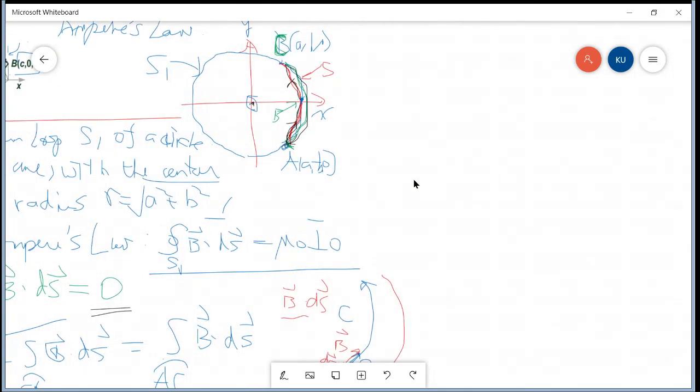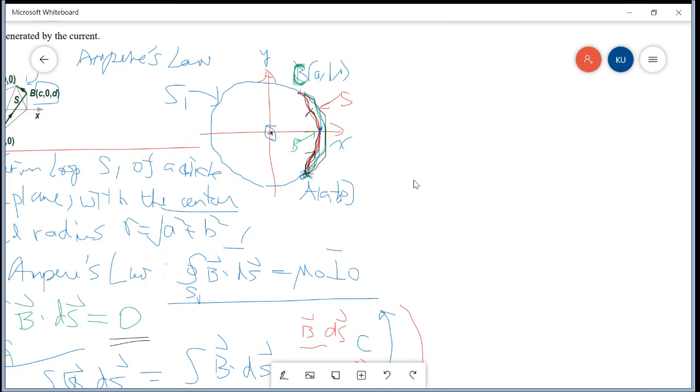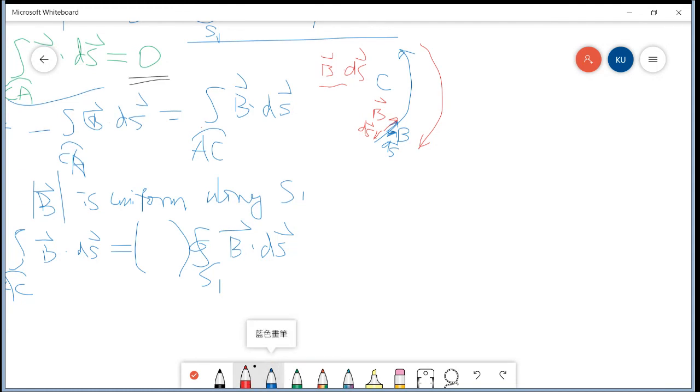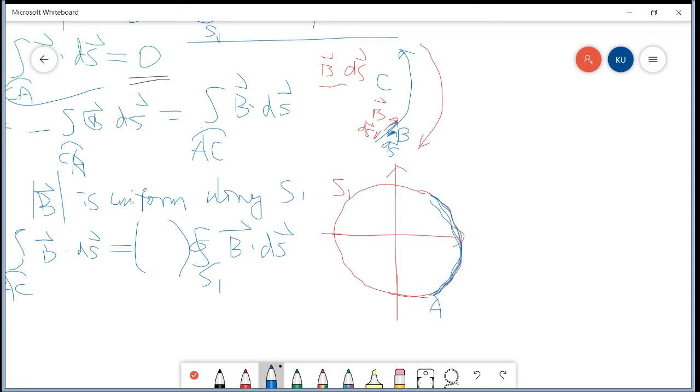We can go back here, or maybe I can draw another one here. This is the whole one. This is S1. And for arc AC, something like this, we can connect the origin to A and C like this.